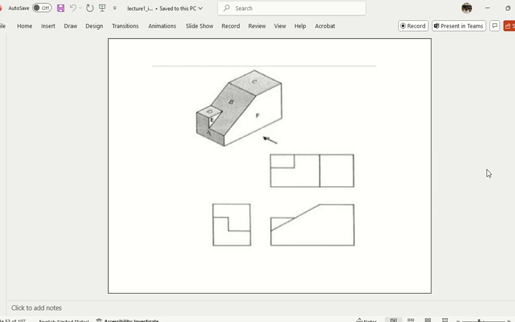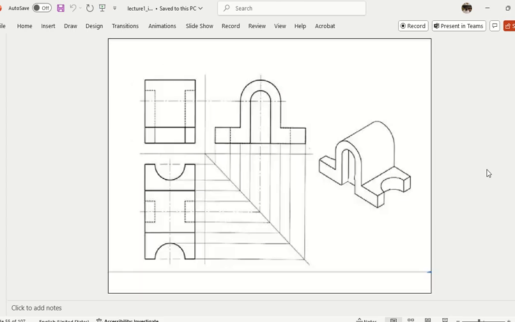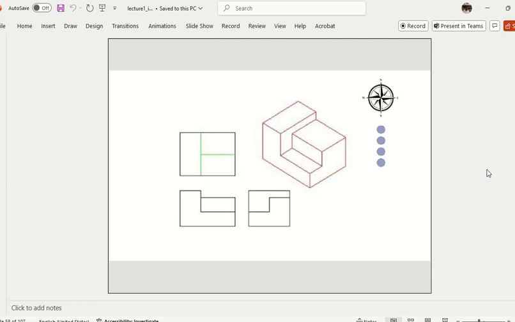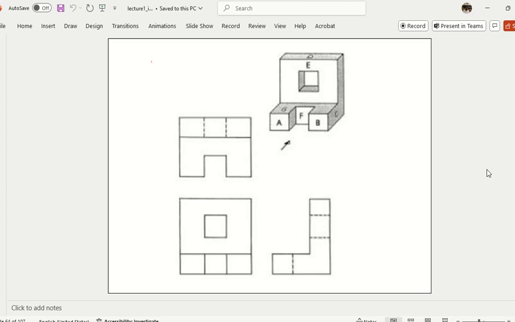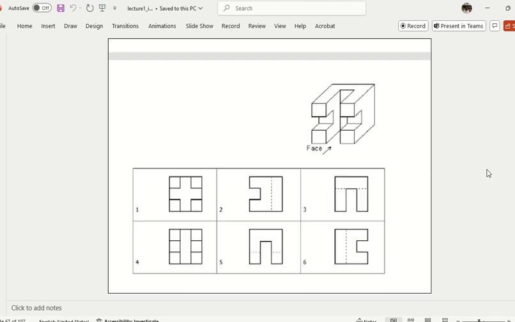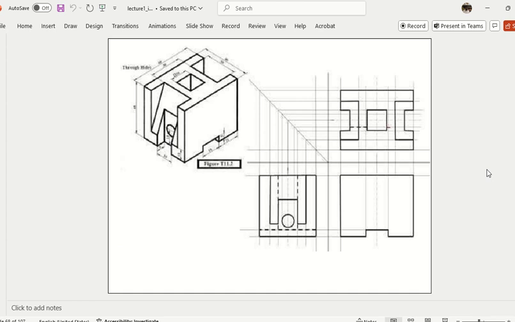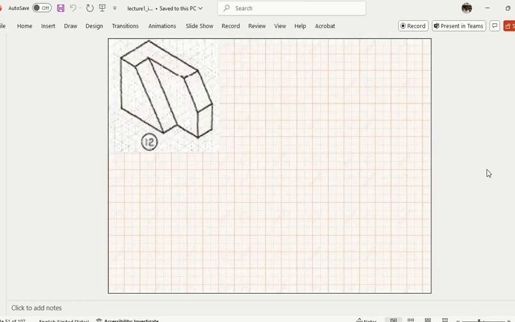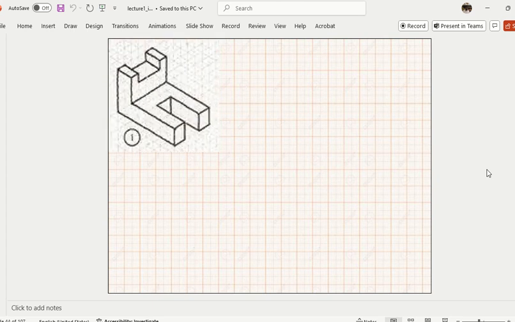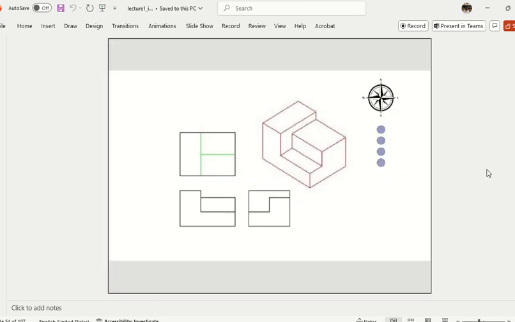What I'm looking for, they did not show it here, but they have shown how to in the slides.